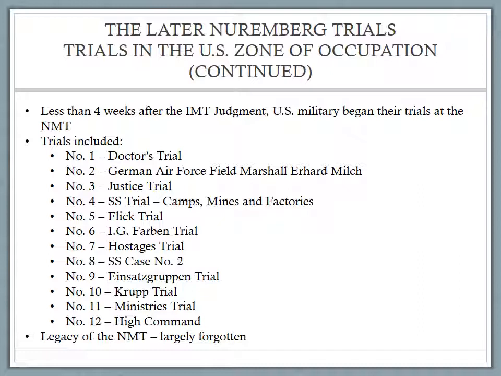So Justice Kennedy in the Supreme Court, amongst many other authorities, relied on the Farben case for the principle that the individual is liable in international criminal law, but the corporation is not necessarily liable, right? Because the Farben court noted that corporations act through individuals. So you hold the individual liable, not the corporation. And so in the Jesner case, Arab Bank was found not to be held liable.